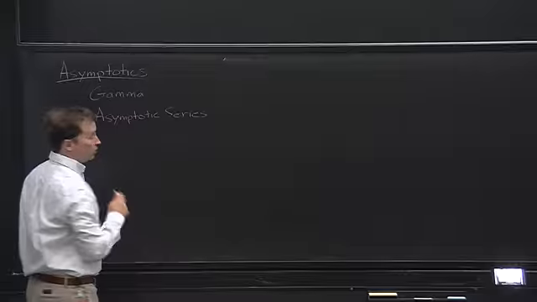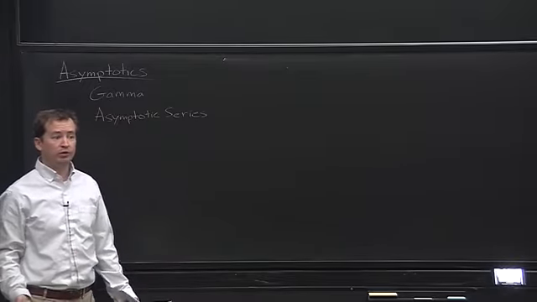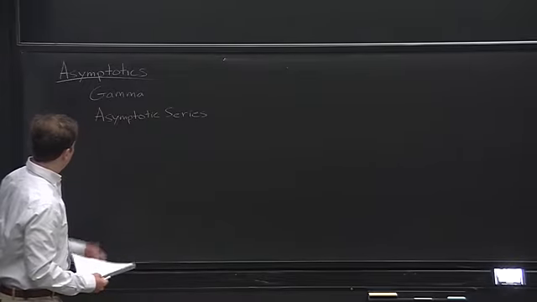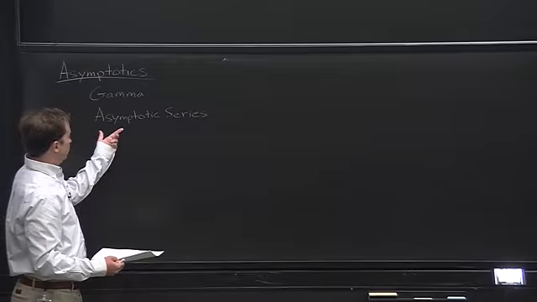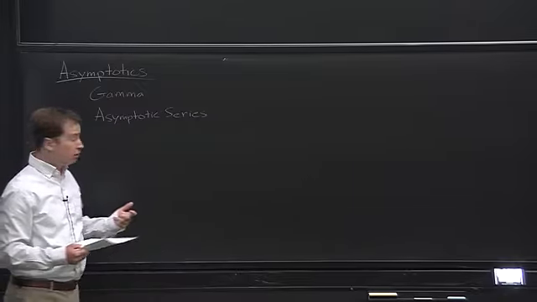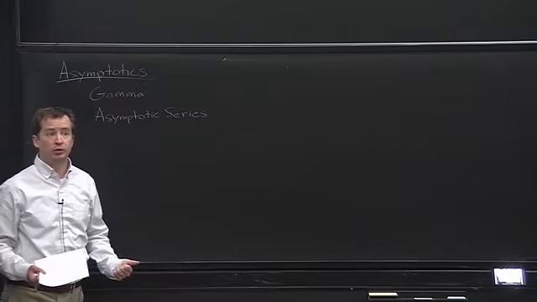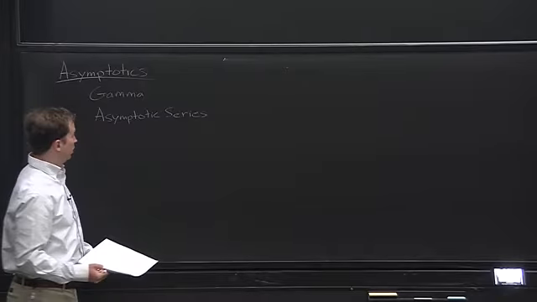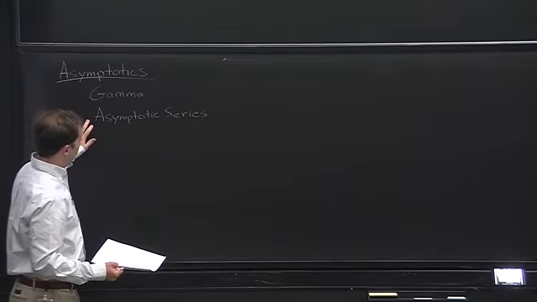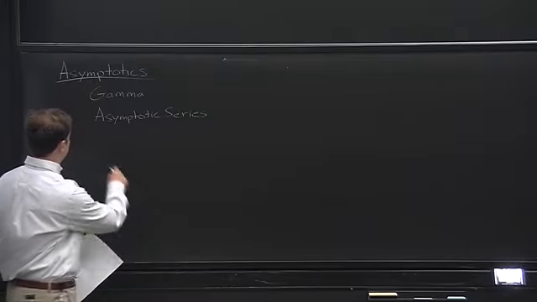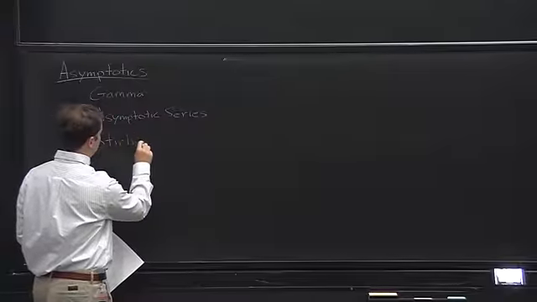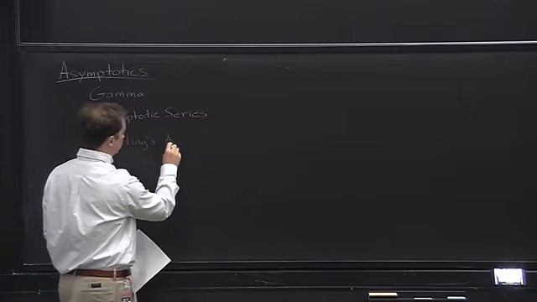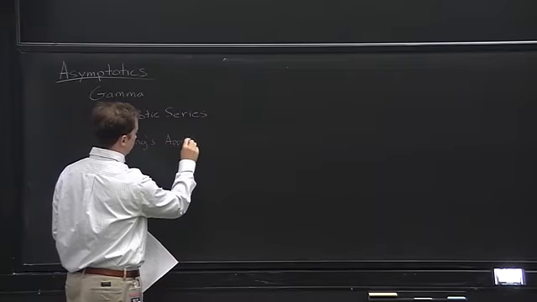And then, there are many ways to construct asymptotic series. In physics, the most important one is a method for approximating integrals by asymptotic series, and we'll illustrate that method applied to the gamma function to derive Stirling's approximation.